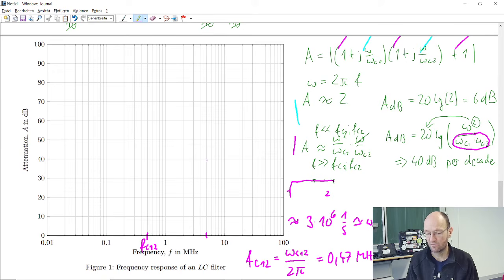We already increased by 40 dB. So we are there. And so here's 2, 3, 4, 5. Here's another frequency decade. Here's 40 dB. Here would be 80 dB. And so for the high frequency behavior, we get a line that should look like this.